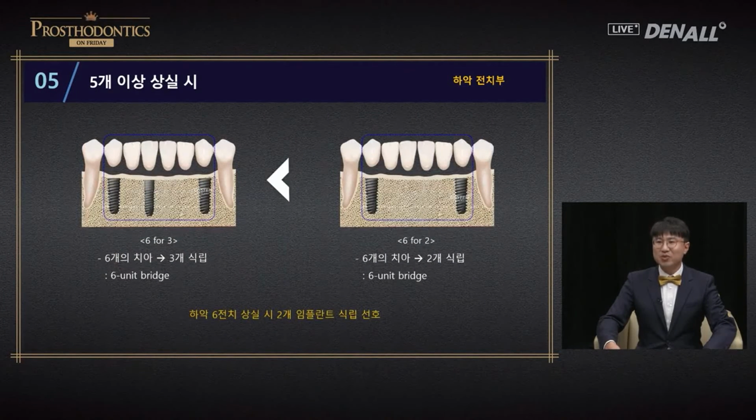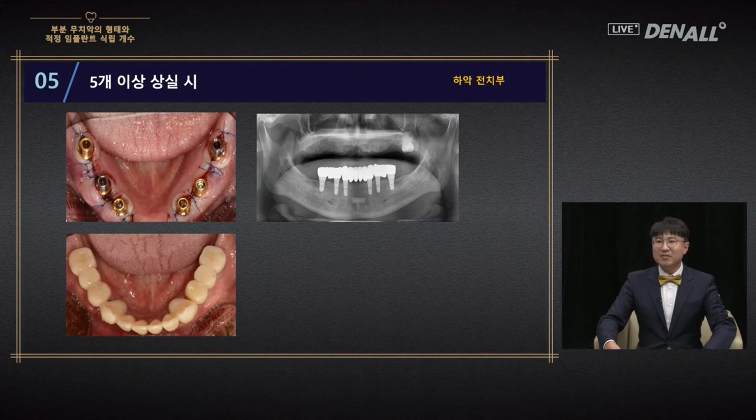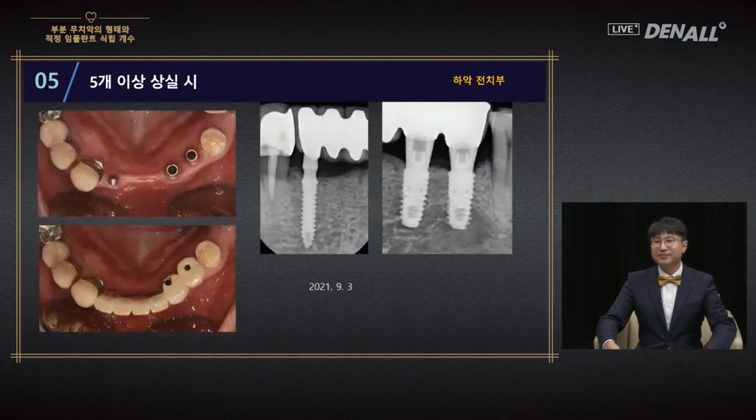Lower anterior, the bone quality is good, and anterior cantilever is not much, so I try to place only 2 implants. Compared with upper, the mesiodistal distance is short, and cantilever amount is limited, and therefore 2 implants would suffice. If, as shown, there are no teeth up until the premolar, I try to limit the need for increasing cantilever by placing 3 implants.